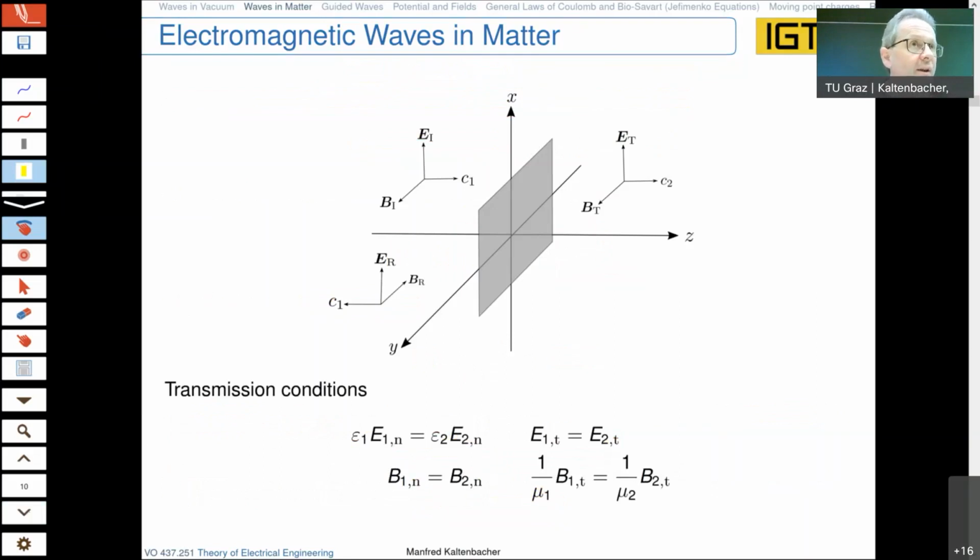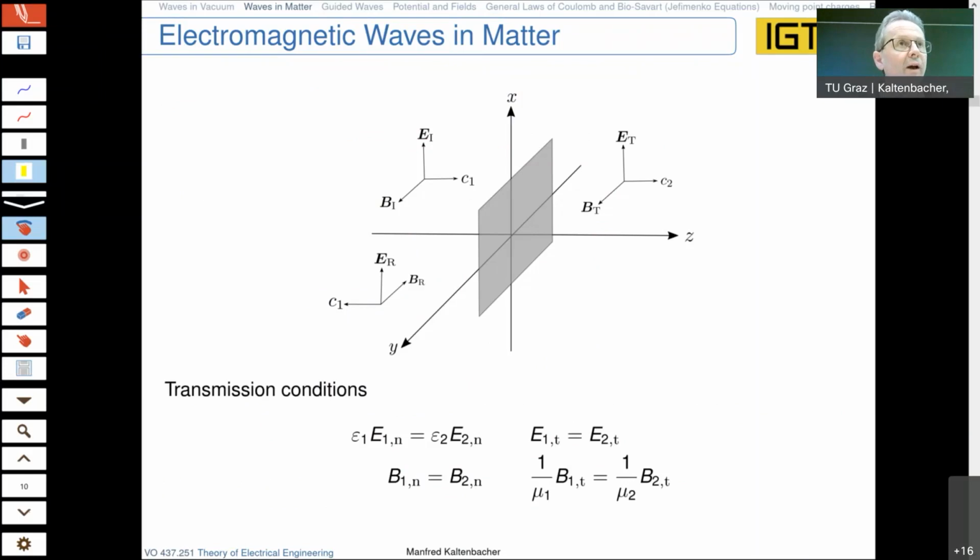We are interested in the case that we have a plane wave, as shown here, traveling in z direction, but at an interface the materials, both described as isotropic and linear, change their values in permeability and in permittivity. We are interested in what the reflected wave and the transmitted wave are.